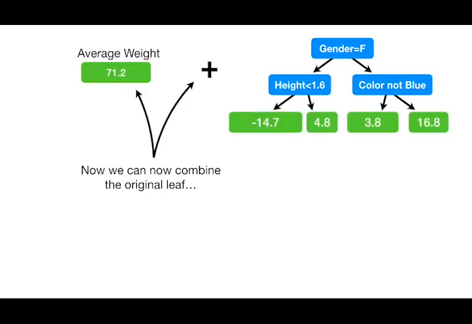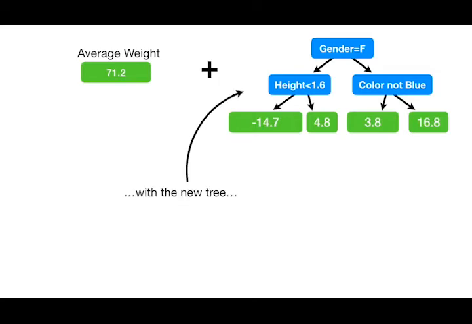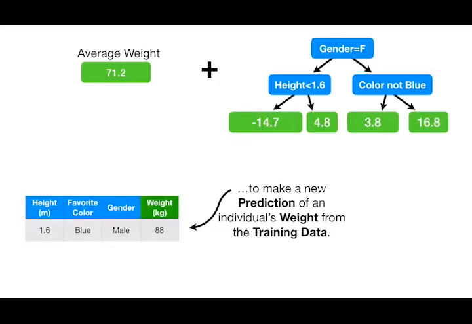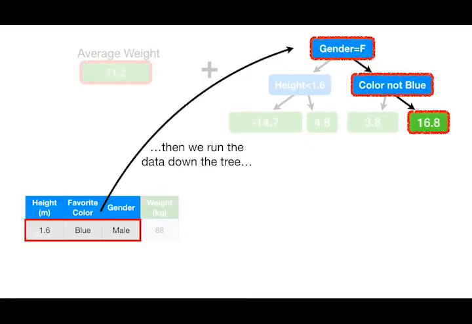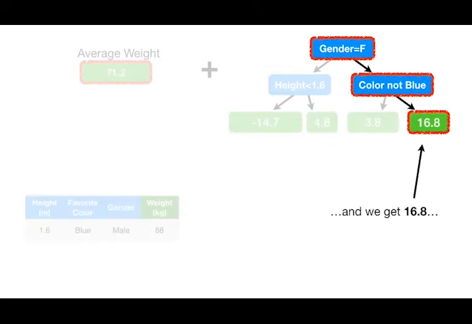Now we can combine the original leaf with the new tree to make a new prediction of an individual's weight from the training data. We start with the initial prediction, 71.2. Then we run the data down the tree, and we get 16.8.